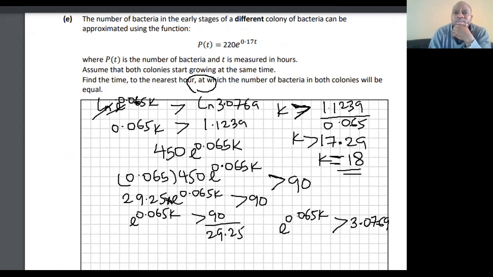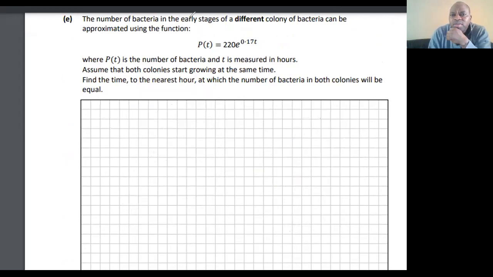The number of bacteria in the early stage of a different colony of bacteria can be approximated using the function. That means in another colony, this is the growth of the bacteria in another environment.